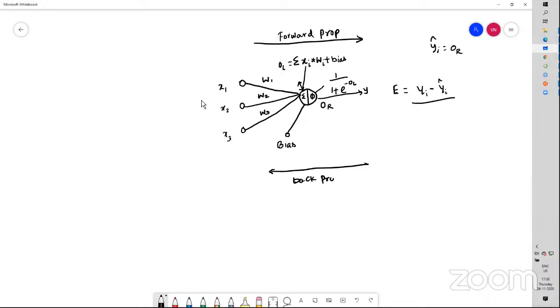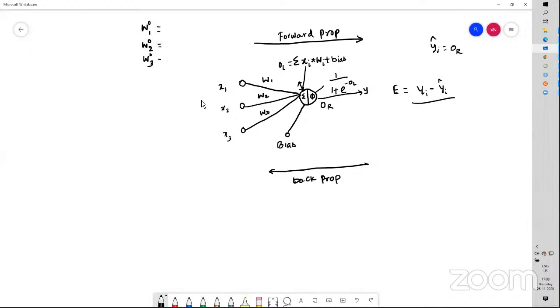In the back prop, we are going to update our weights W1, W2, W3. Let's say at the first step, we randomly initialize W1, W2, and W3. Let's call this W1 at 0 iteration.